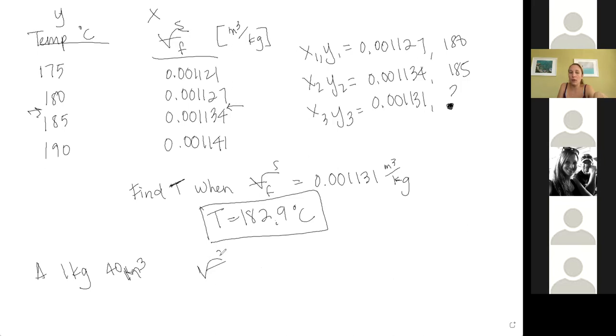Specific volume is volume per mass. So if you're given a volume and you're given a mass, you can find your specific volume that way.